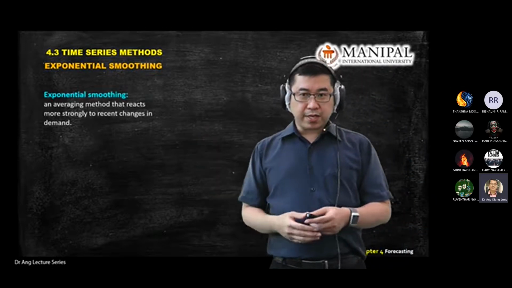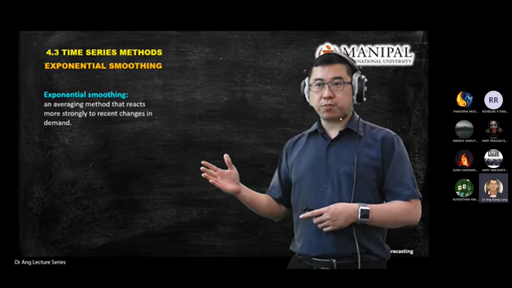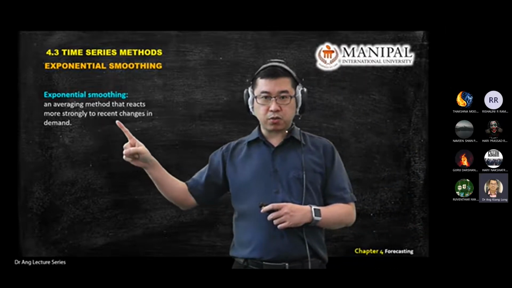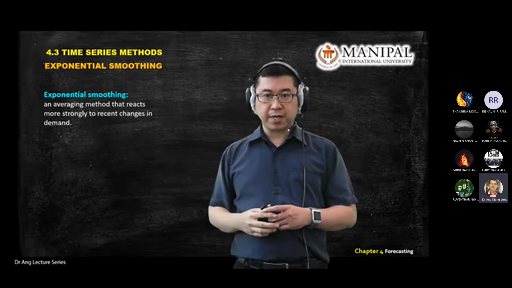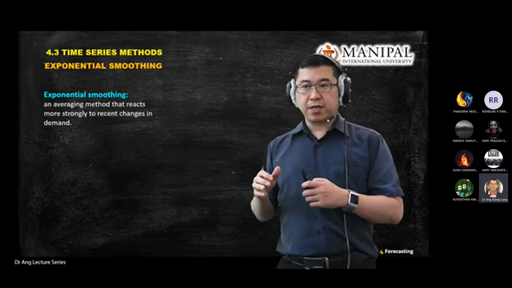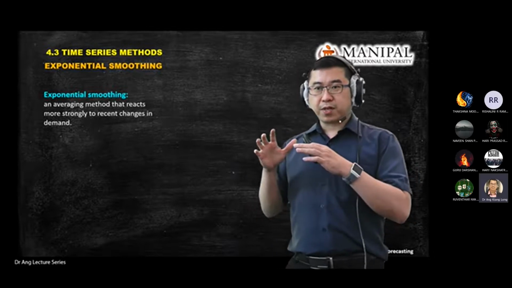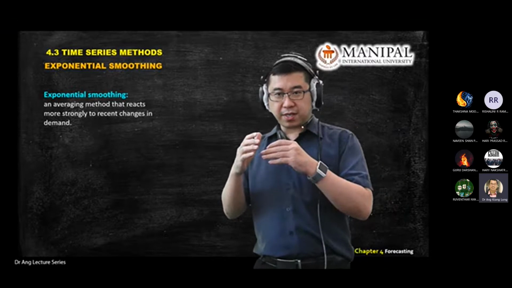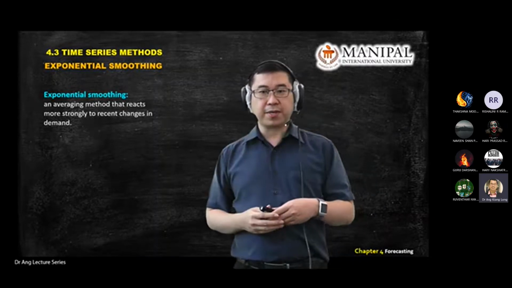So let's start with the definition. Exponential smoothing is an averaging method that reacts strongly to recent changes in the demand. So exponential smoothing is one of the methods where we respond to the latest changes in the demand.